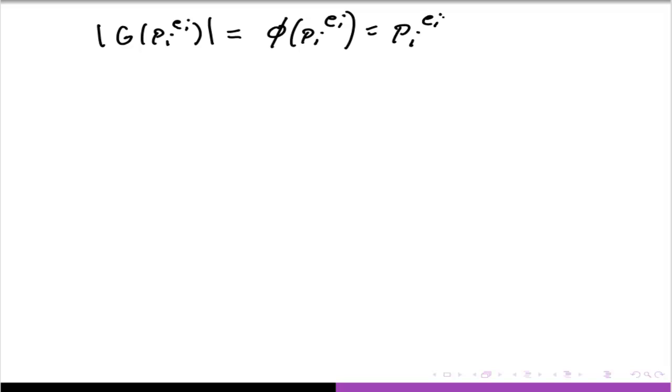The cardinality of g pi to the ei is the Euler phi function, which is pi to the ei minus 1 times pi minus 1. And that's an even number, because this term right here is even.